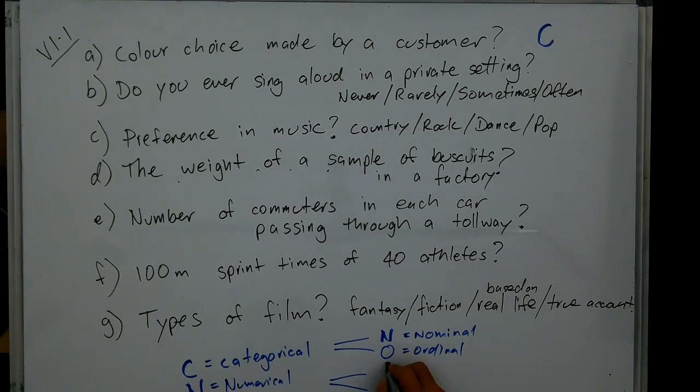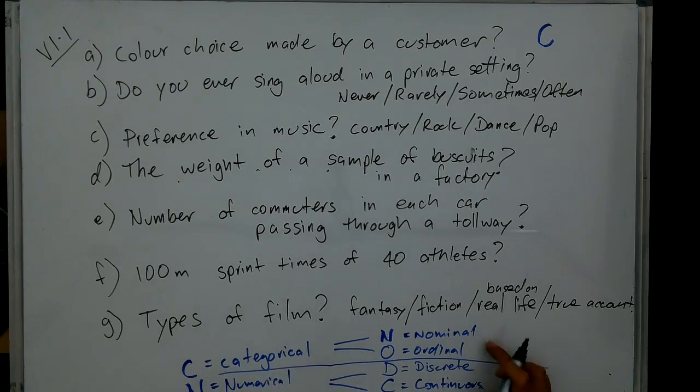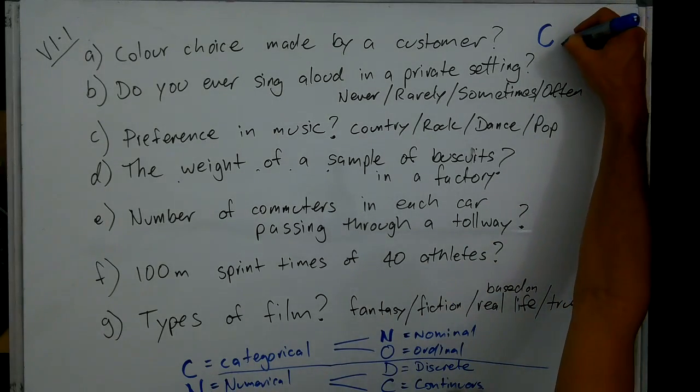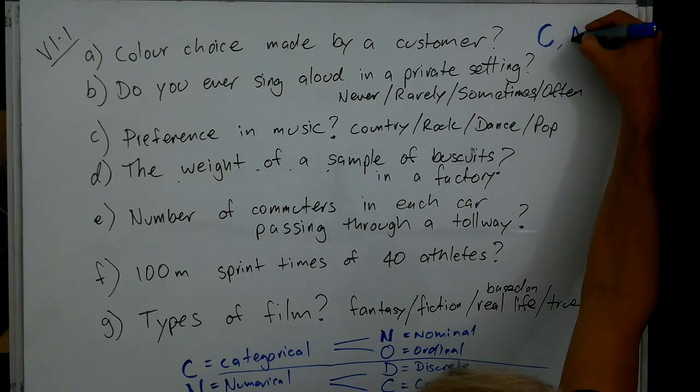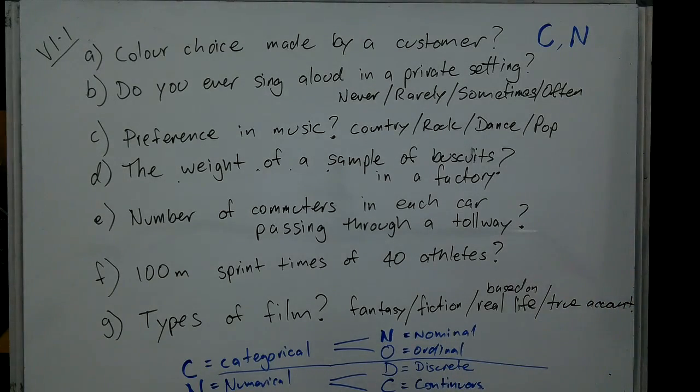For numerical we've got D for discrete, and C for continuous. So I'm going to have either C or N for each of these, and then depending on which one it is, it will be one of those two. So this is categorical and it's nominal. So I'm just going to write it that way to save time.